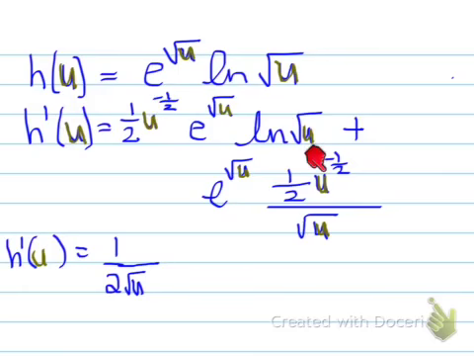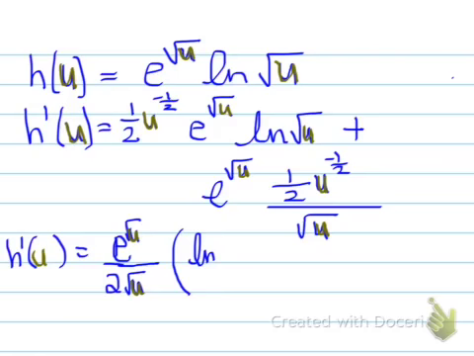So I converted it back to a root, and I brought it to the bottom because it's u to the negative 1/2. And then what are you left with? You're left with e to the root u. Where did that e to the root u come from? Well, folks, it came from this one, and both of these. It's both there. So we pull that out. So we have e to the root u over 2 root u times what's left.